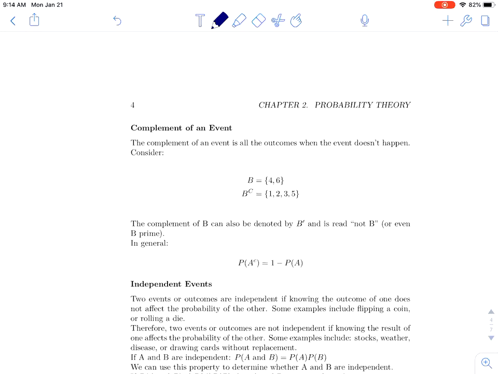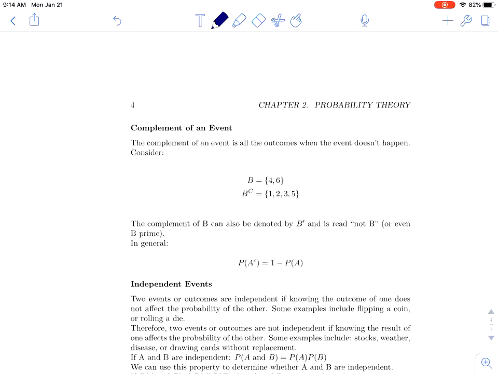So the complement of B is just the set of outcomes that are not B. How I'm going to read it is just "not B." Not B is 1, 2, 3, 5.